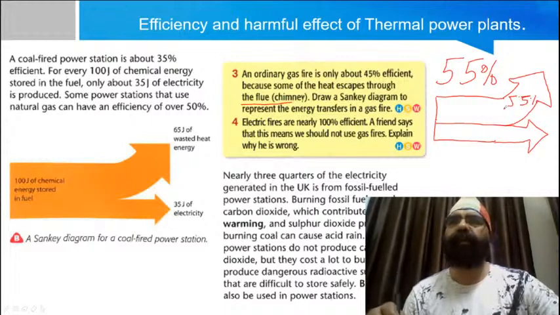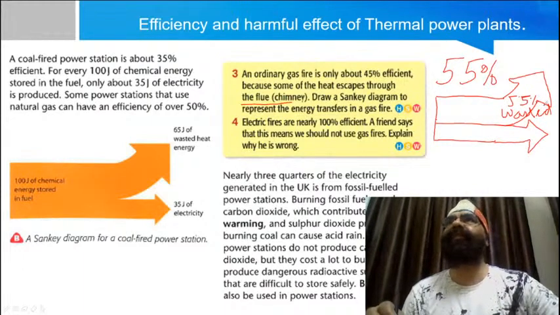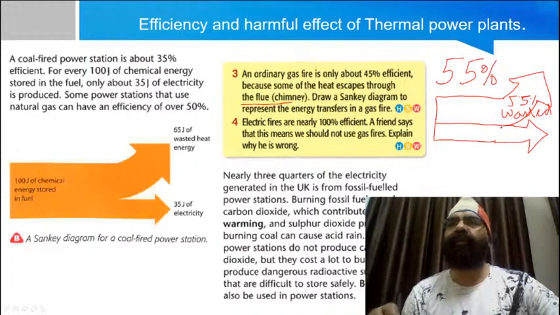Okay, wasted. This is wasted through chimney. Got it? So this represents 55% that is wasted through chimney, and here I have 45%. Okay, this 45% is converted into useful heat energy.